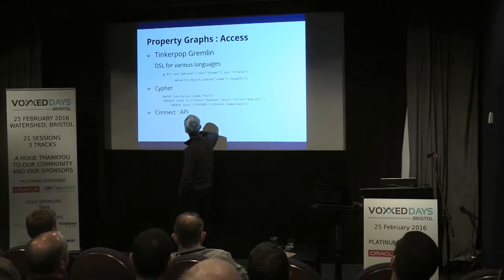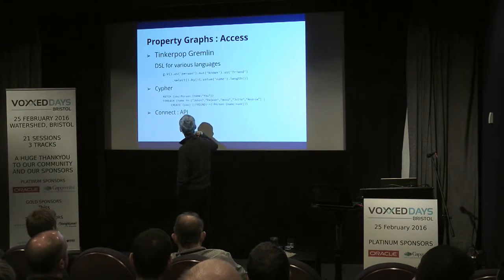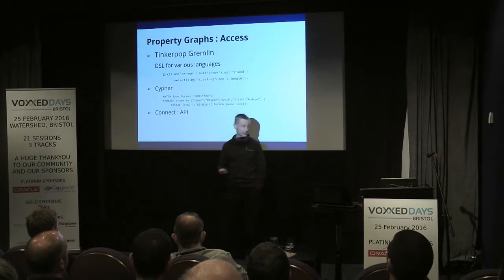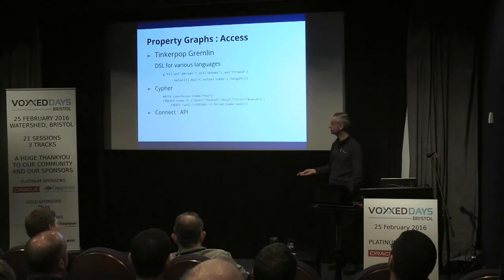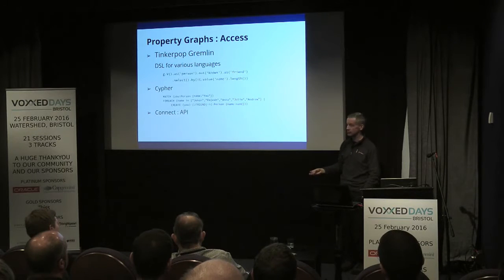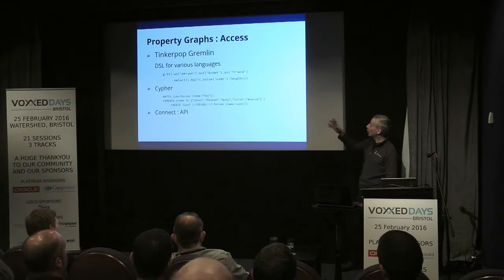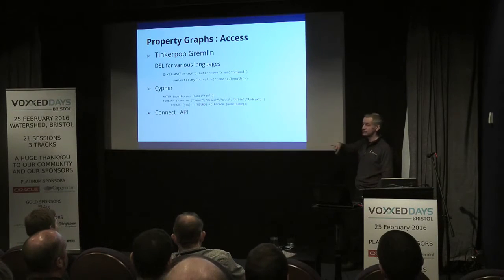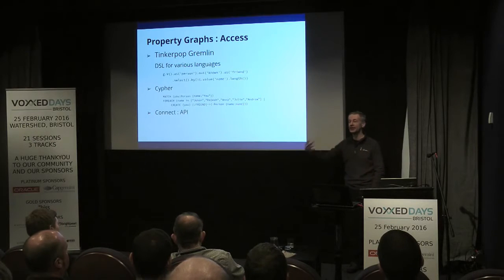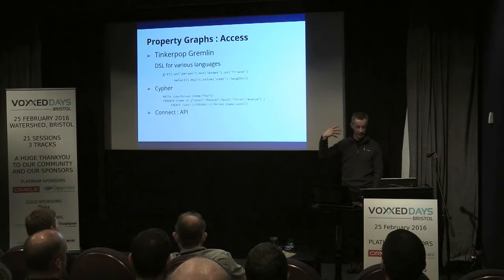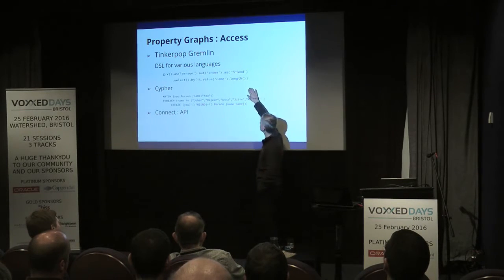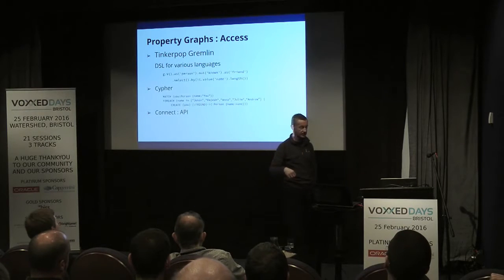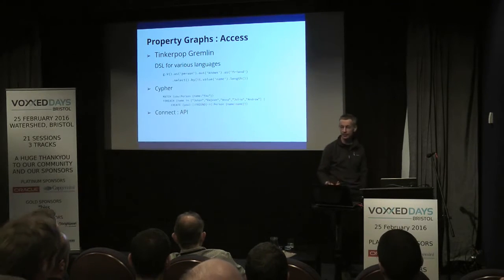So it's the same sort of idea that people, particularly people who are not programmers, and not all data scientists are programmers, which sometimes comes as a bit of a shock, want to work in languages that are more declarative because they're closer to the way they think about their data. Writing something like these Gremlin scripts is great for programmers, but it's not even necessarily the way people think about things.